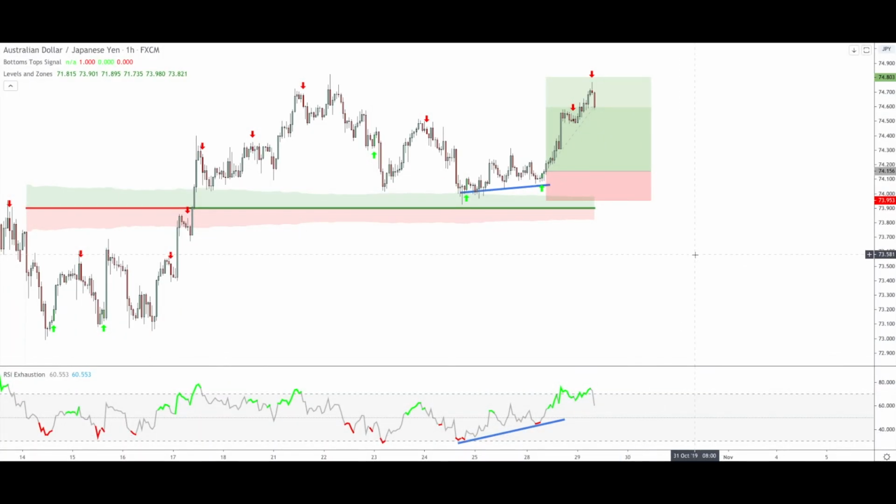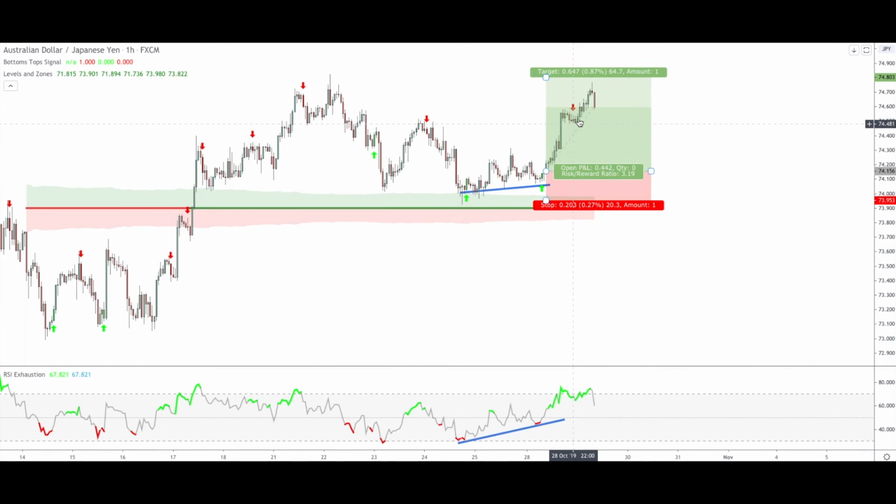Another quick update, guys, on this trade. So the price moved higher, and we actually got two tops, one here and one that was just confirmed here. The RSI at the same time moved pretty much flat, and then it's moving down, of course, due to this lower candle here.